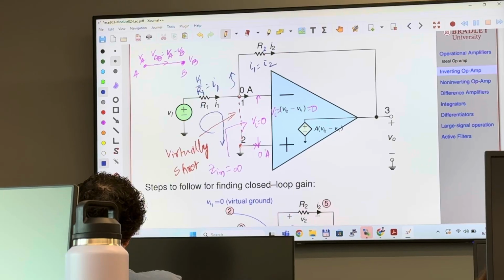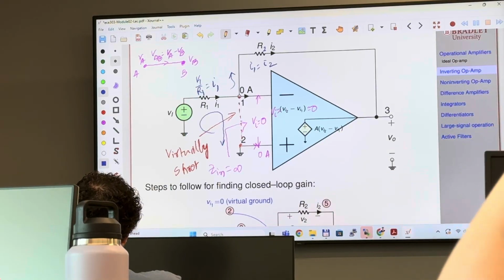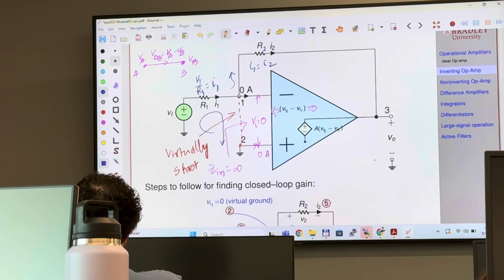Now, because of the characteristics of this op-amp, you will have some output voltage, which is going to be a scaled version of the input. Now, don't you think that we can apply KVL right here? I'm going to use another color.